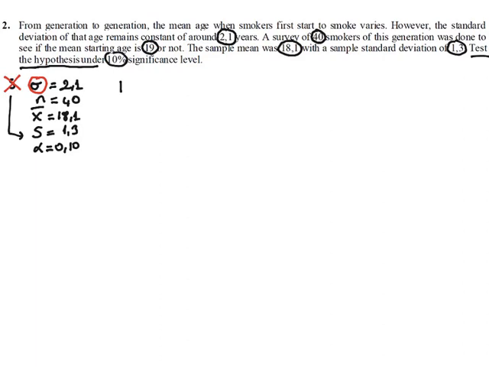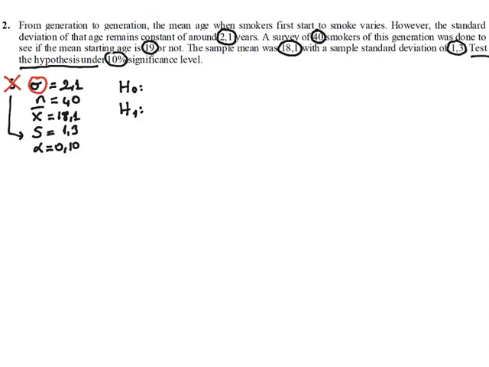The second step is to construct the hypothesis. My suggestion is that you need to start from the claim, which is H1. So first we need to write down H1. But first we need to decide which population parameter we test. What is the test about? I think it is about the mean starting age.